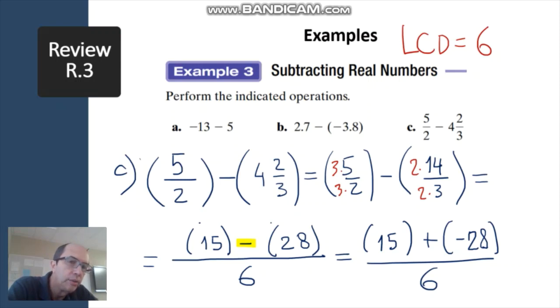Negative 28 is the greater one, 28 is the greater absolute value. So we will subtract 28 minus 15, 13, and we keep the sign of the greater one. Negative 13 over 6. And this is the answer.